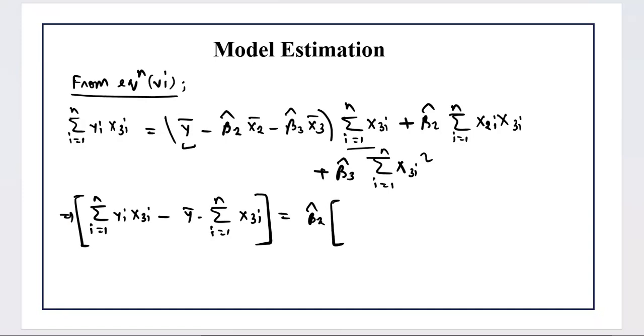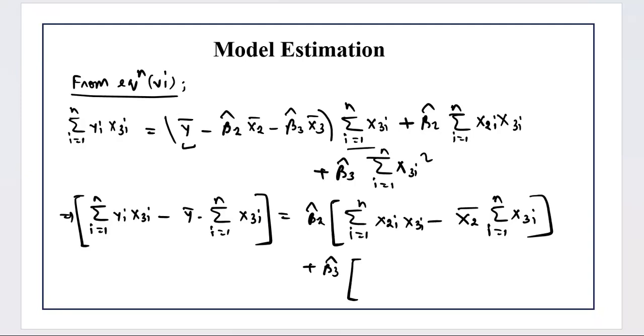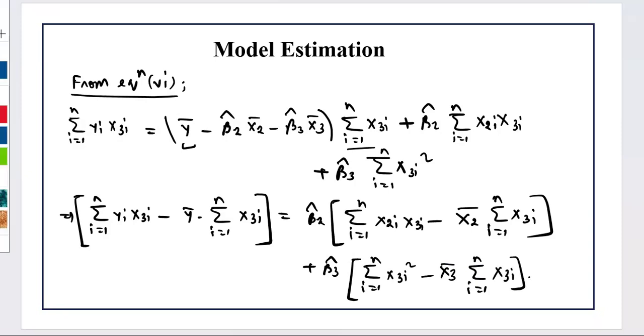So you will be having summation i from 1 to n x2i x3i minus x2 bar summation i from 1 to n x3i, and then plus you will have beta 3 cap, summation i from 1 to n x3i square minus x3 bar summation i from 1 to n x3i, right? And this we call as equation number 8.